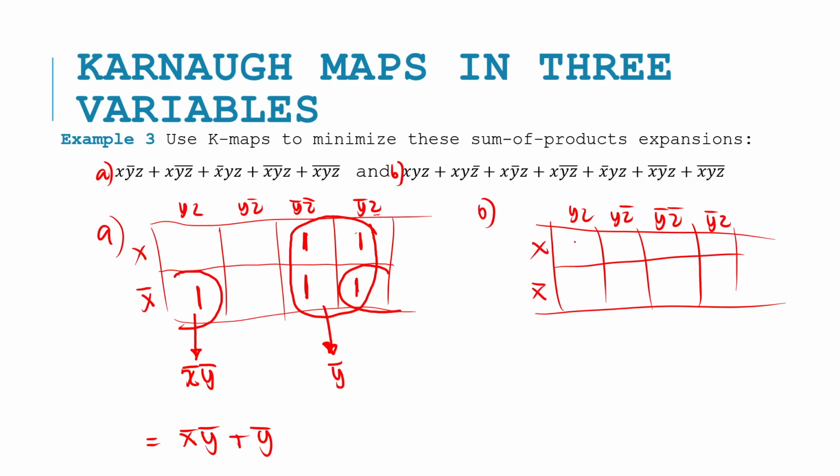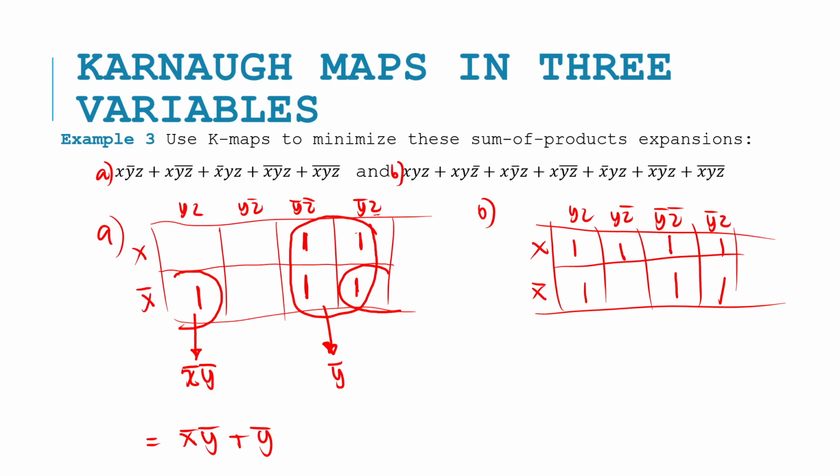We have xyz, xyz prime, xy prime z, and xy prime z prime, x prime yz, that's here, x prime y prime z, that's here, and x prime y prime z prime, which is here.